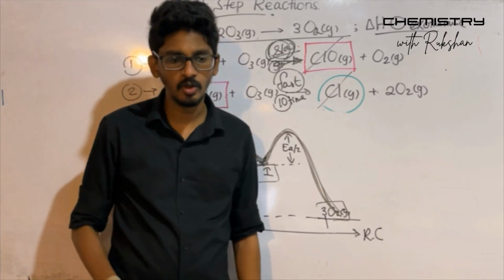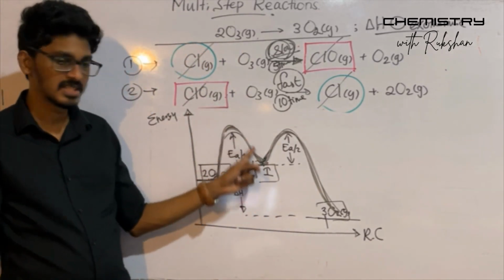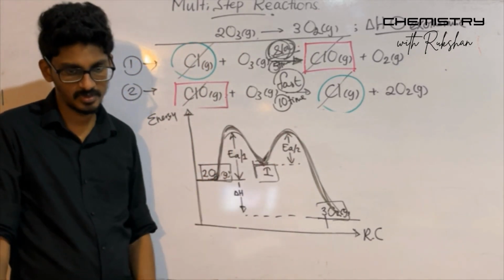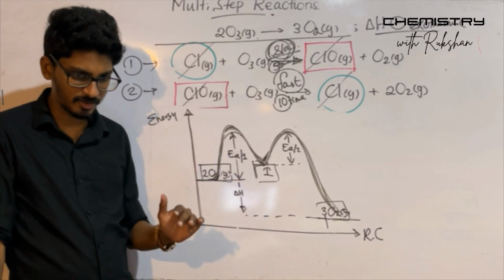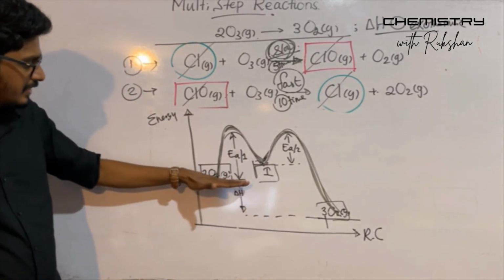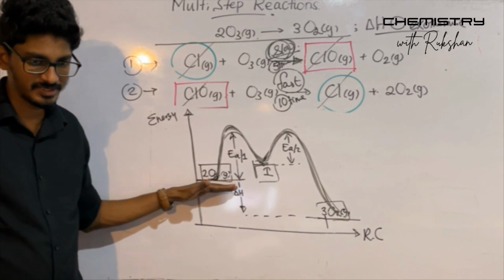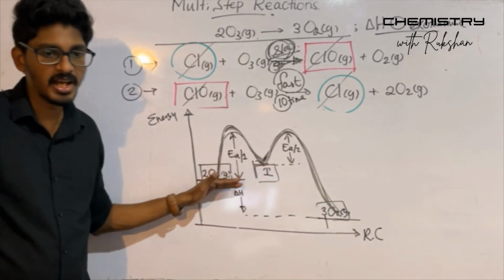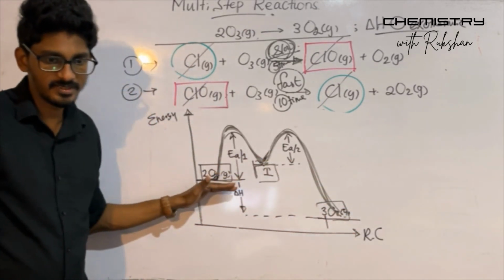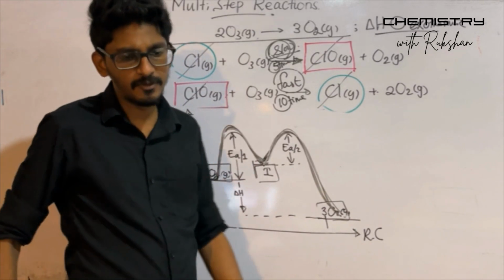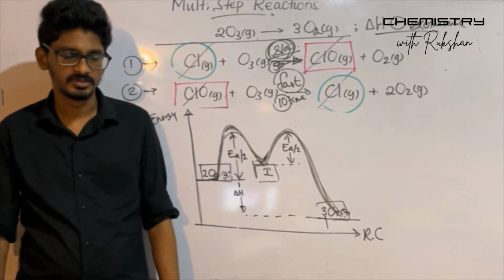Are you okay with drawing this pathway? When it comes to the energy profile, these three things are actually the same as the enthalpy diagram. These three stages are the same as the energy profile you draw in the enthalpy lesson.